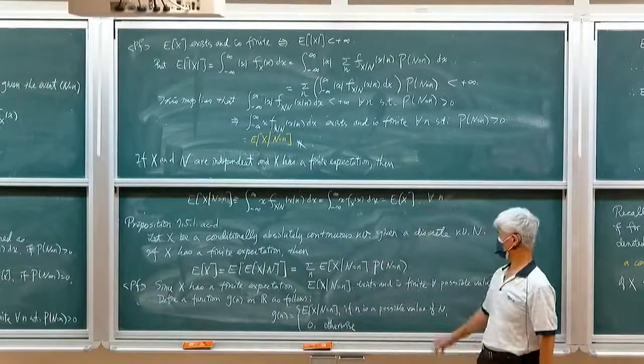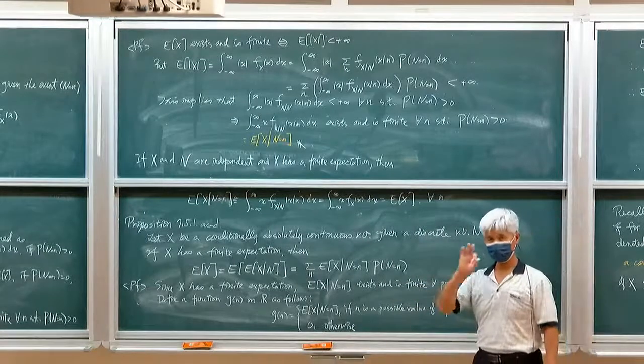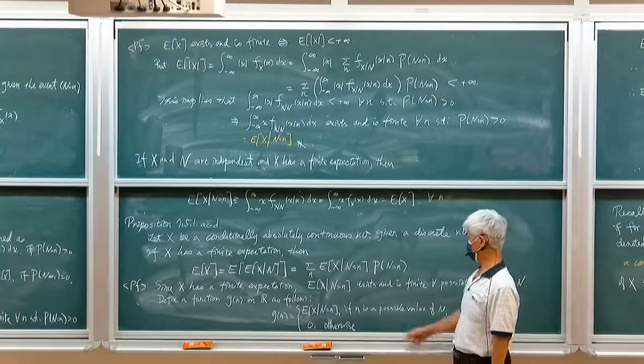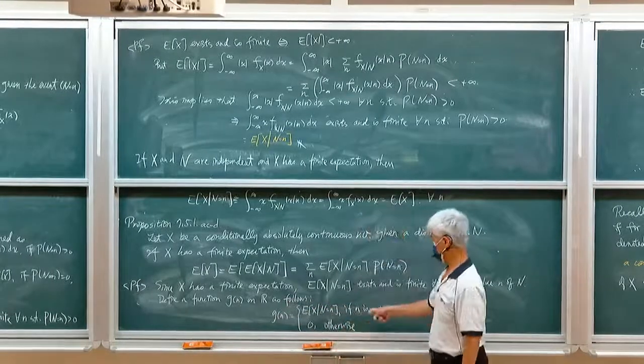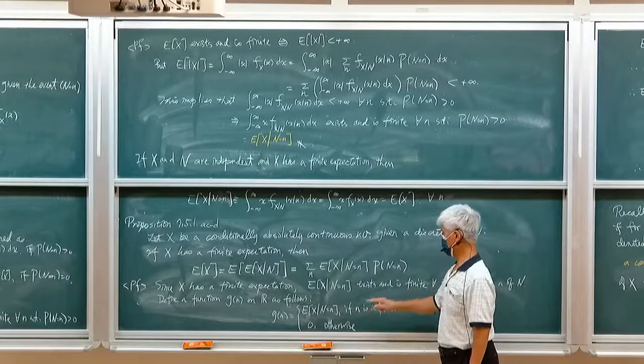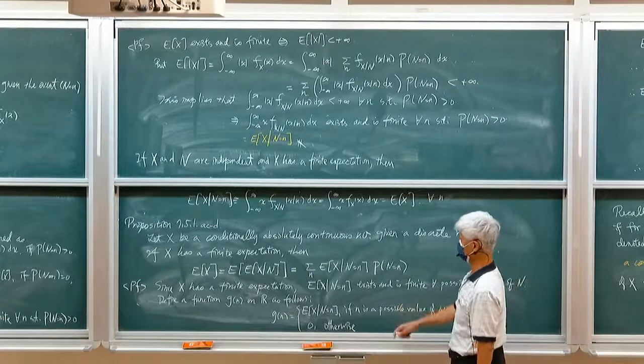So we define a function. Almost all n is 0, but g of n may be non-zero when little n is a possible value of capital N.